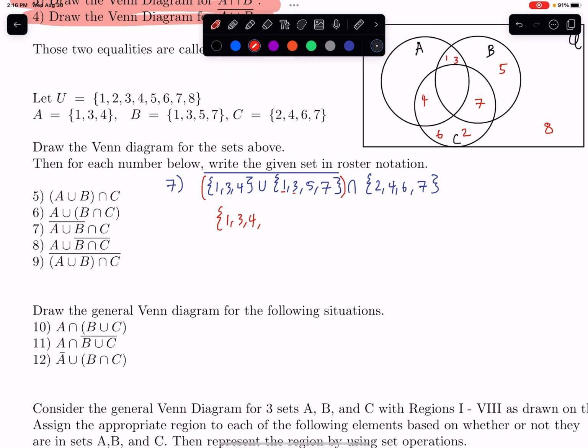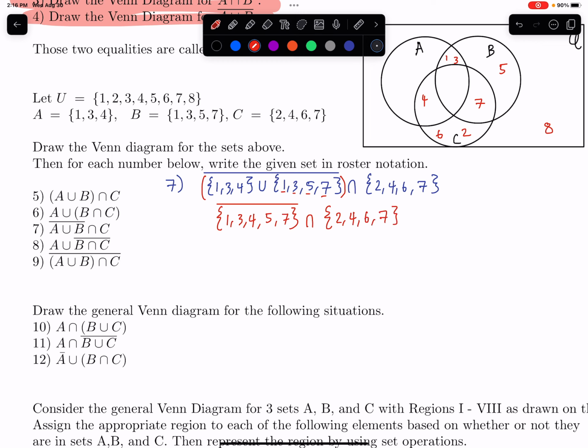I already had 1, I already had 3. I didn't have 5, I didn't have 7, so that's the union. Don't forget, we haven't done the complement yet, so carry through that line over the top, okay? Intersected with this part, I'm just bringing it down. 2, 4, 6, 7, yeah?